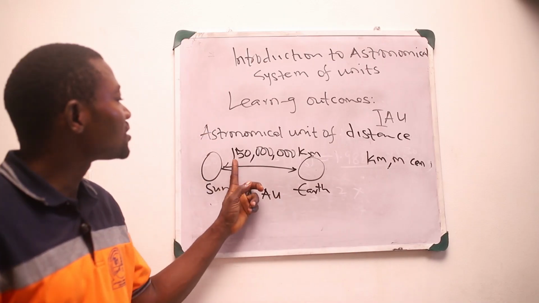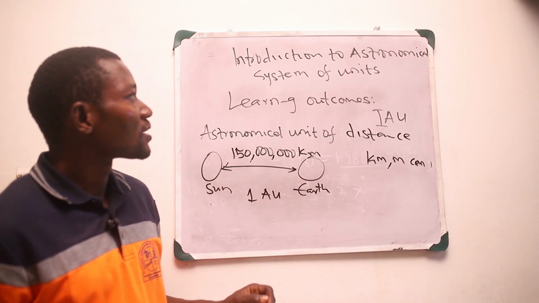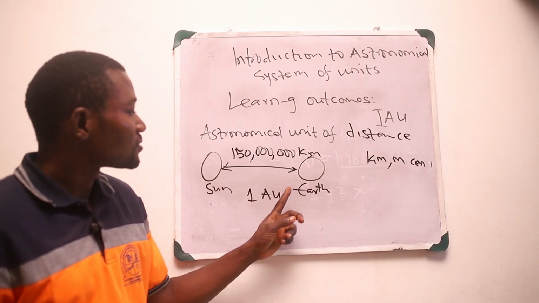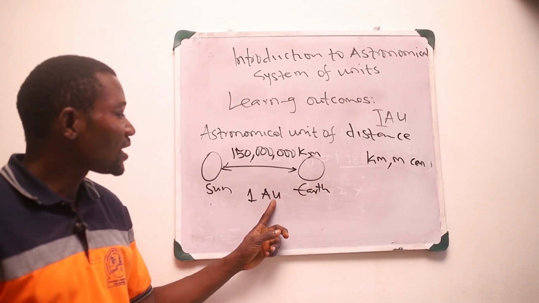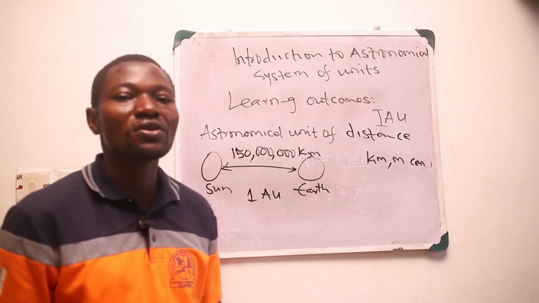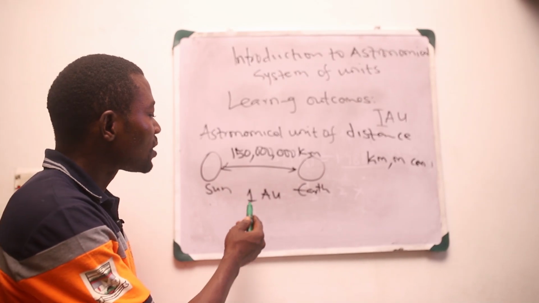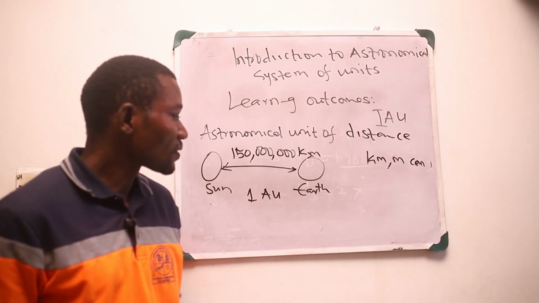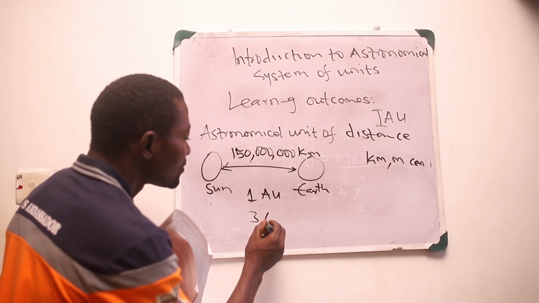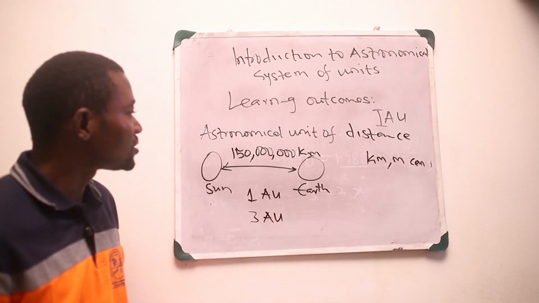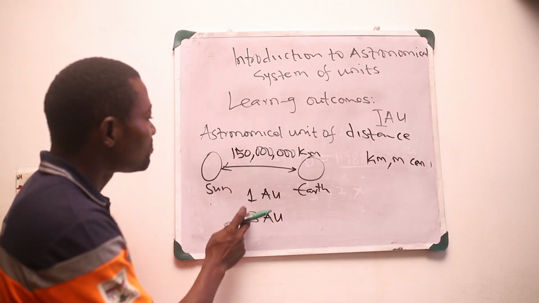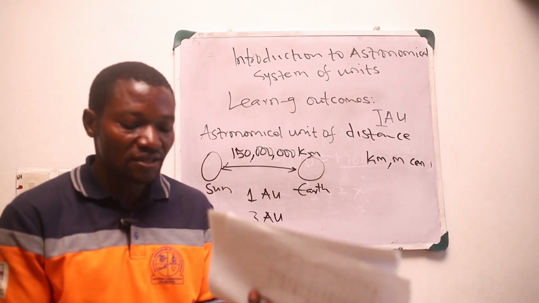So instead of writing all these values, an astronomer thought it wise, just one astronomical unit is equal to this. So if one carried out measurements and you have, let's say, 3 astronomical units, it is the same as multiplying 3 by this value.